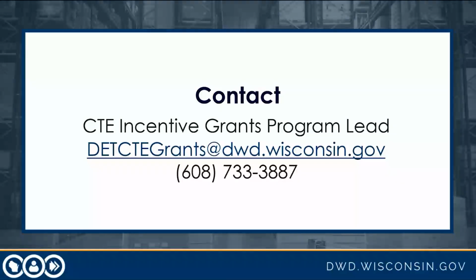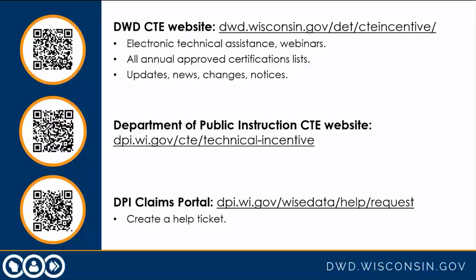These next slides provide contacts for resources and assistance. You can reach the Incentive Grant Program lead at DETCTE-grants@dwd.wisconsin.gov or by calling 608-733-3887. You have access to web-based resources and assistance through the DWD CTE webpage.